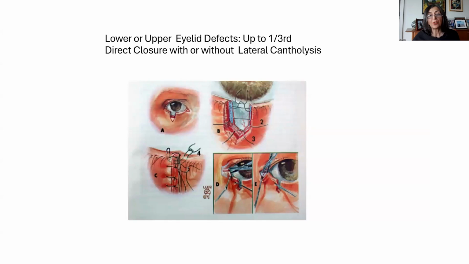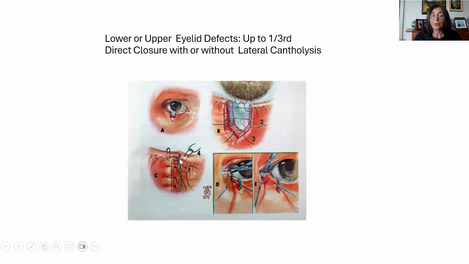In this schematic, we're showing how we close a relatively small defect of the lower eyelid. These are essentially repaired in layered fashion. First, the tarsal plate, which is the dense collagenous structure in the inner part of the eyelid. First, we close that, usually with vicryl sutures, and then the lid margin that is closed with silk sutures with some degree of eversion, because over time this will settle and we want to try to avoid notching.